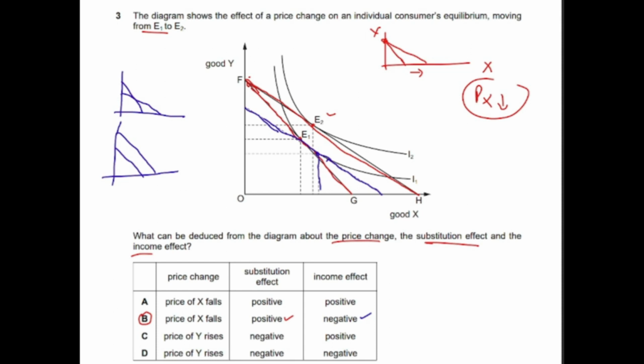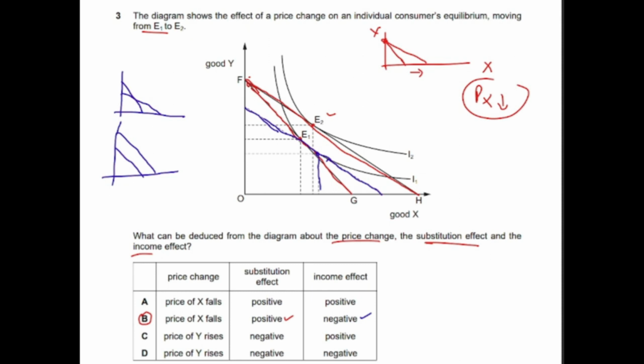I'll share the video link in the description. Then you can go to the budget line and indifference curve theory, and watch that video thoroughly, and you can understand what and how changes take place in different cases.